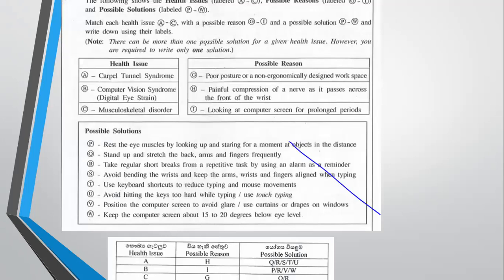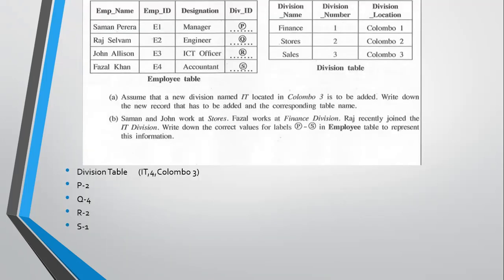Saman and John work in stores. That is number 2. So P becomes 2 and R becomes 2. Fasal works in finance. The finance division number is 1, so S becomes 1.